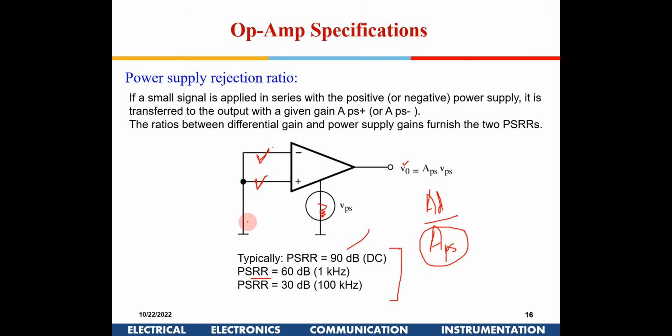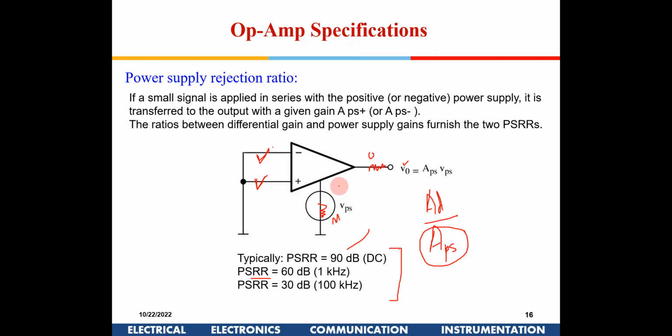Suppose I give ground, plus and minus, 0 0, the output should be 0. But if I give a sinusoidal signal here, I will find a small sinusoidal signal here. That comes because the gain of the transistors will change because of the power supply at various stages of an op-amp. It should not happen. You try and design it like that, but it will happen.